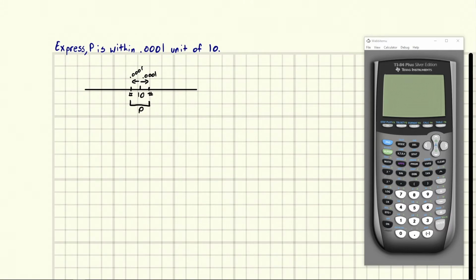So from here we say, okay, we are at 10. And we're going to move some amount P, right? We're going to go a little bit over P, and then a little bit more. And the rule is we can never pass 0.0001 past. So this number right here is our hard edge.